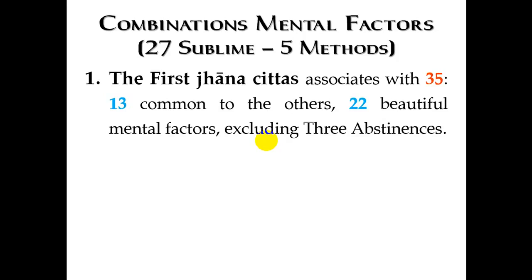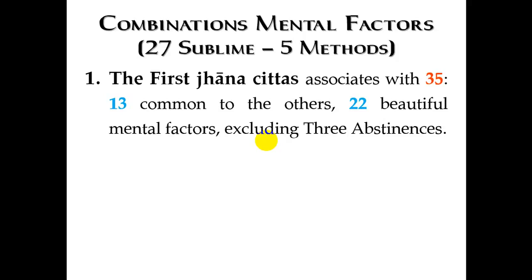So my question is that at second jhana, Vichara, since Vitaka is already eliminated, why do we still include the 11 chittas from the first jhana? Because in the first jhana, Vichara is a jhana factor, right? I think you are confused. No, wait, I'll clarify.